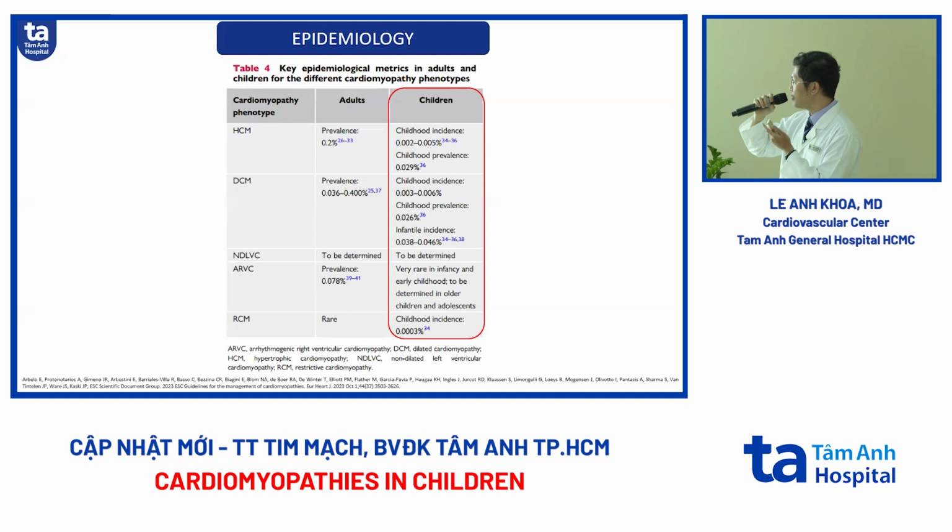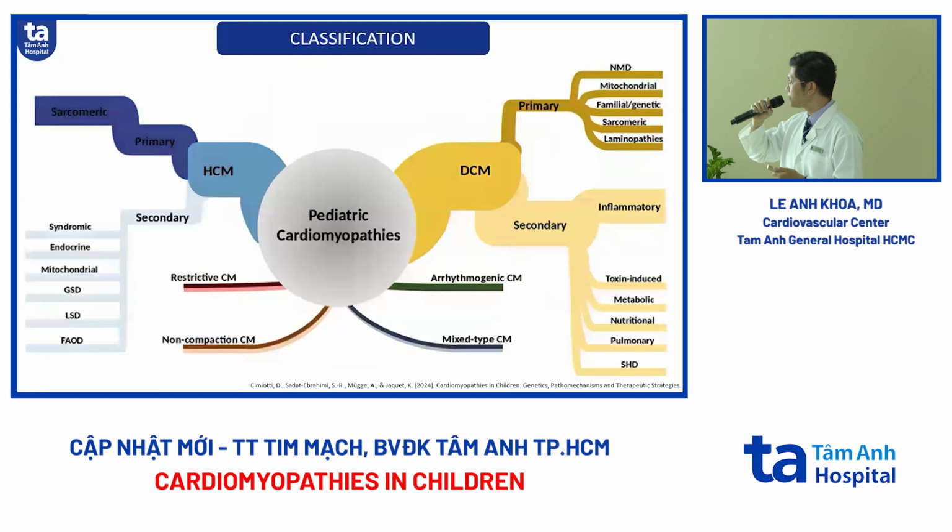It includes hypertrophic cardiomyopathy, dilated cardiomyopathy, non-dilated left ventricle, and the arrhythmogenic and restrictive. In my presentation, I will just talk about the 3 most common cardiomyopathies in children: HCM, DCM, and RCM.